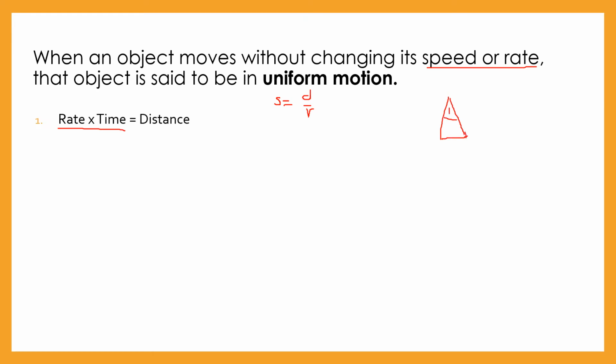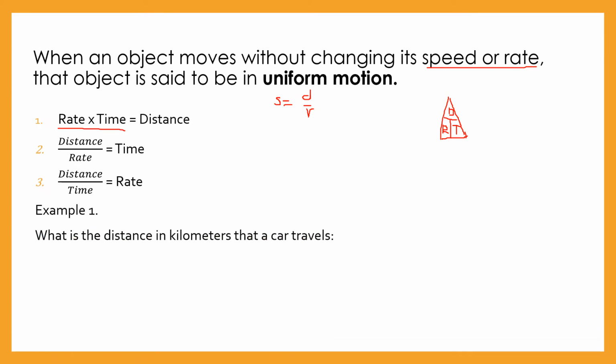So, we have the distance at the top, may rate, at saka may time dito. Tandaan nyo yan kasi madalas ko gamitin pagdating sa physics. Pag time na lang hinahanap nyo, distance over the rate, and the rate, distance over time.